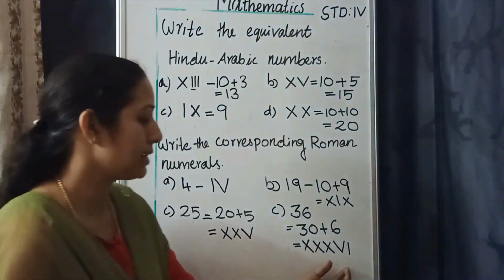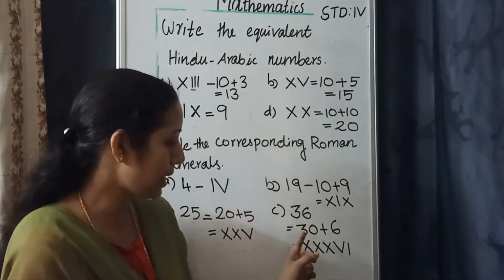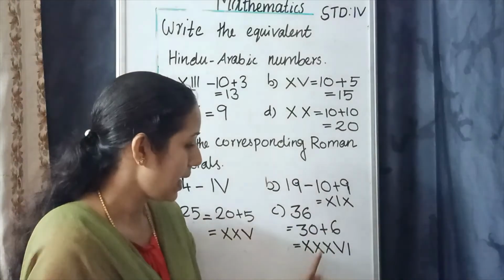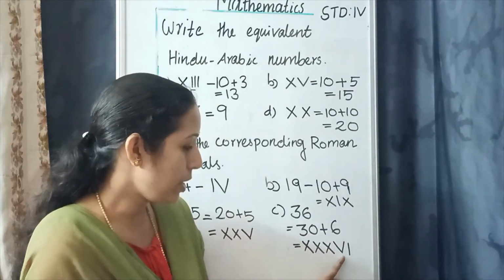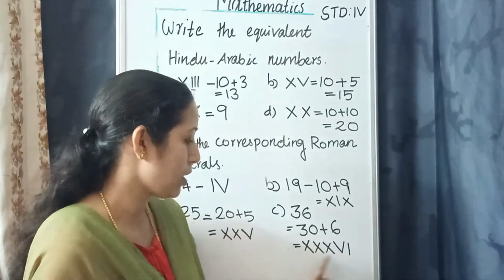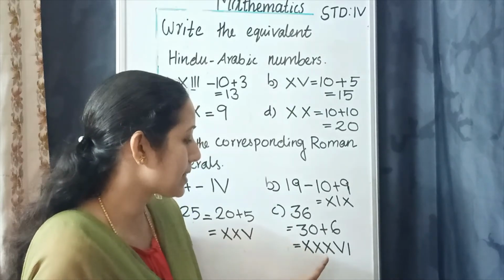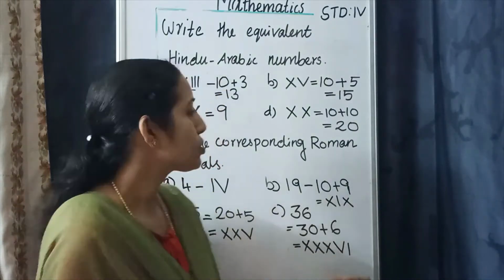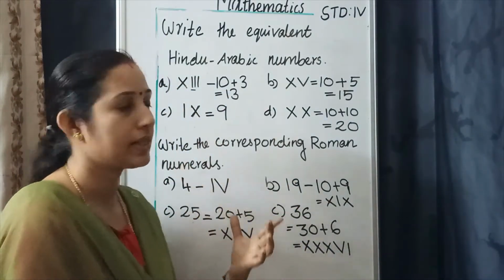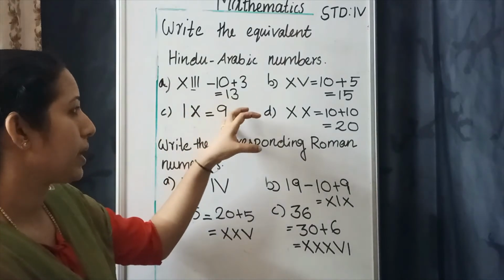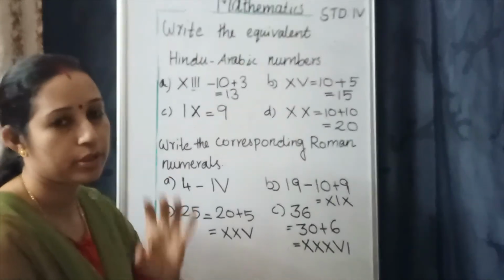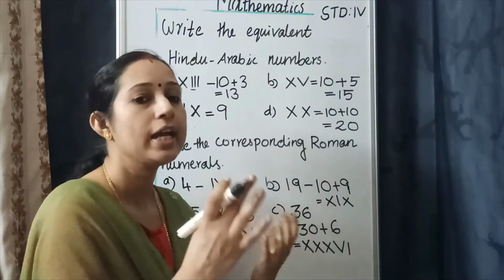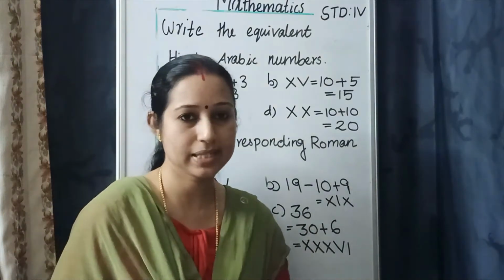So 36 is XXXVI. This way we can write the Roman numerals for Hindu-Arabic numerals, and the Hindu-Arabic numerals for Roman numerals.